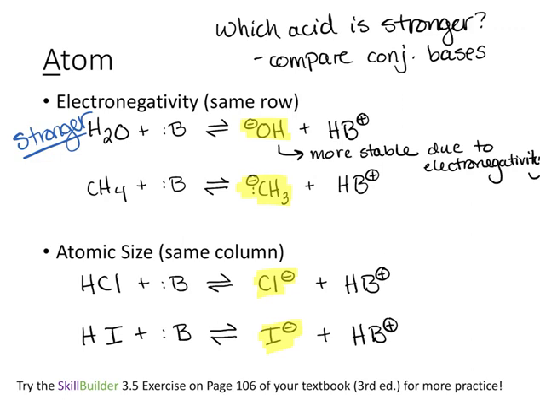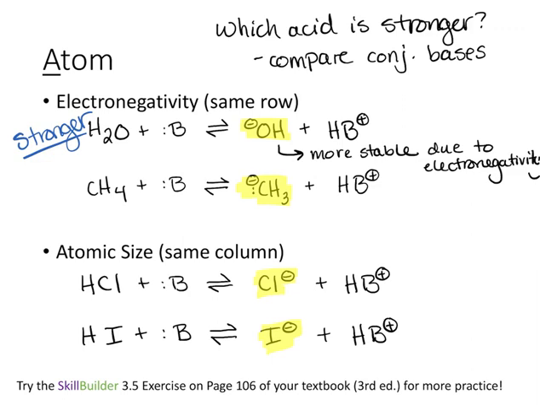It increases, right? Because we're adding more and more electrons as we go down a column. So that means that the iodide ion is larger than the chloride ion.